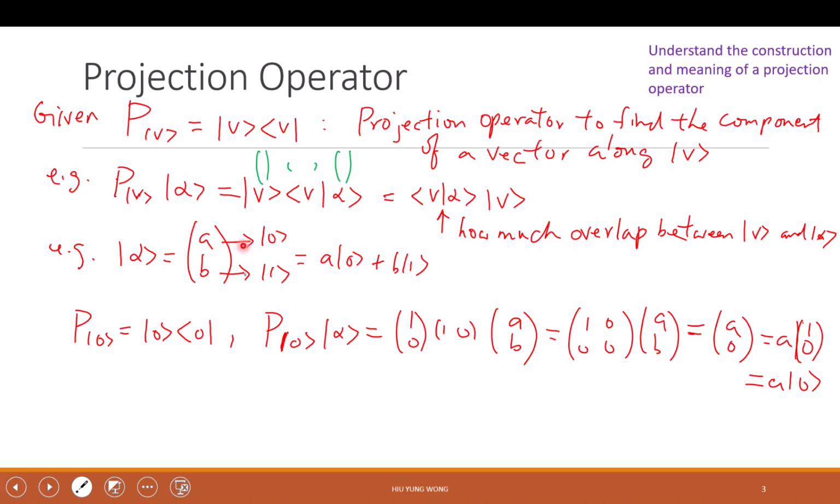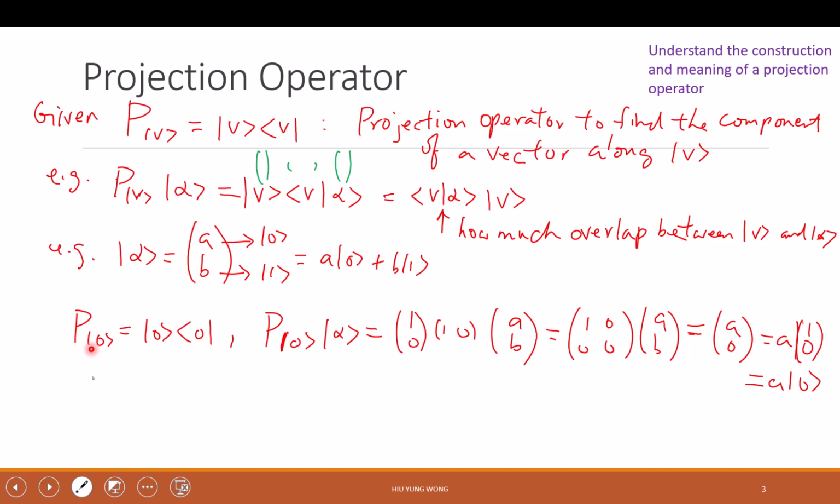I did not say that, but we are working in the computational basis, so the first one is 0, the second one is 1. These are basis states. So I want to see how much 0 component it has. If the projection operator makes sense, then it should give me A0, because that is the amount of 0 component it has.